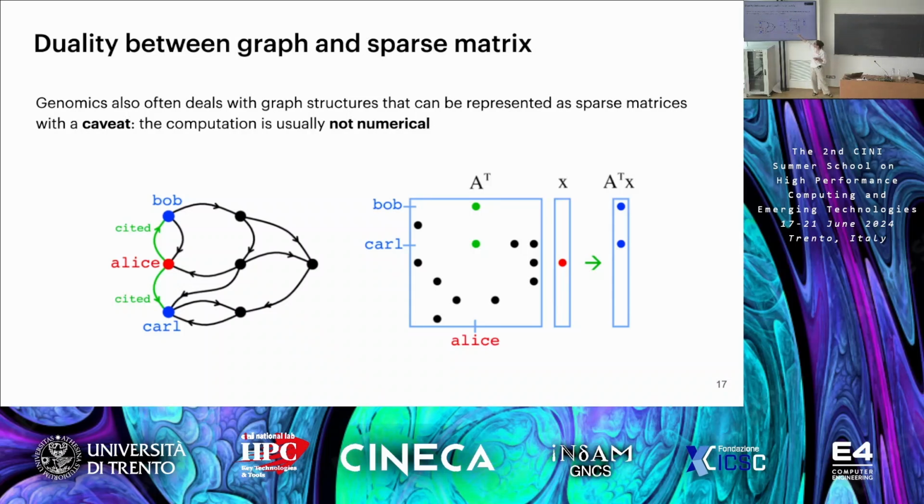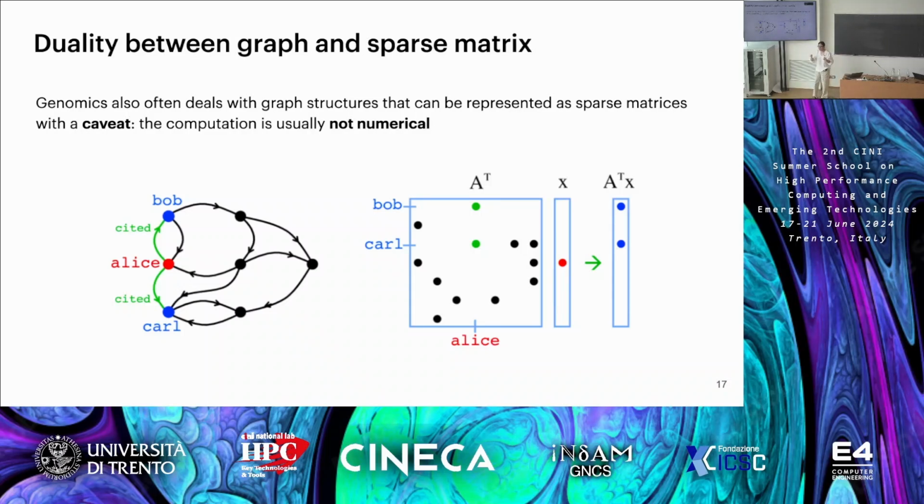And then you can actually perform a breadth first search graph traversal to figure out who actually cited who by using sparse matrix vector multiply. I will not go into detail of this example, but I'll show you how we can actually do genome assembly using this. Does this make sense for everybody?